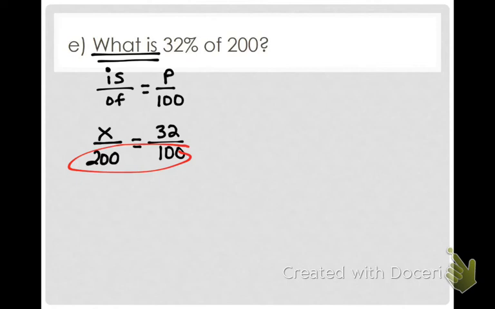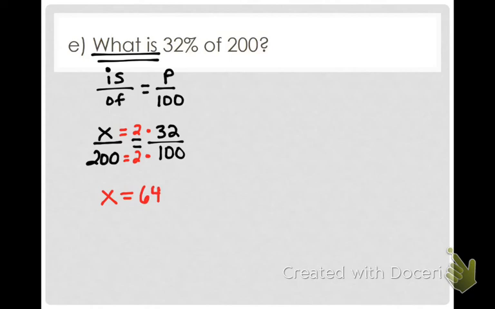Do you know how I could get from a 100 over to a 200? Multiply by 2. Okay, so I could do times 2, 200 times 2 equals x. What's 32 times 2? X equals 64.